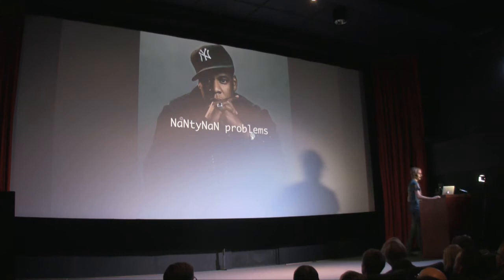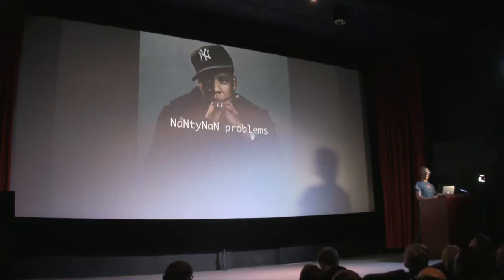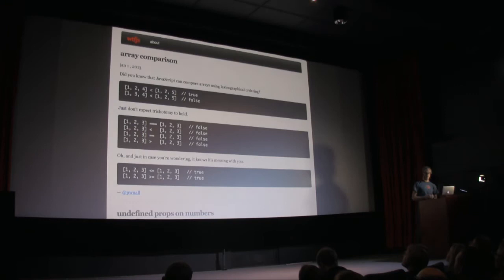Now, don't get me wrong, even though I'm making fun of JavaScript here, it's absolutely my favorite programming language, and I think it's just a fact of life as a programmer that you're going to be surprised and, well, frustrated every now and then. Every programming language has its weirdness and its quirks, and that's why we have websites like phpwhatthefuck.org, which neatly documents all these weird behaviors in the PHP language, and also whatthefuckjs.com, which does the same thing for JavaScript.